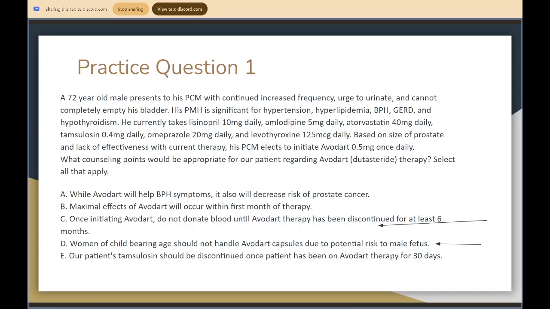Choice C is correct as written. These are the current blood transfusion guidelines and blood donation guidelines. We want to limit any exposure for any females of childbearing age or pregnant patients.